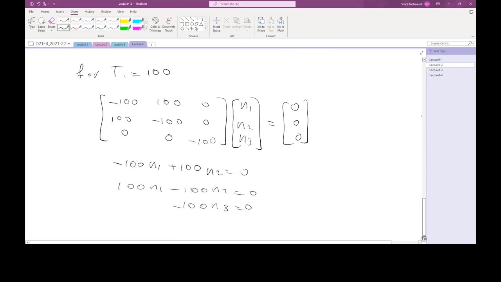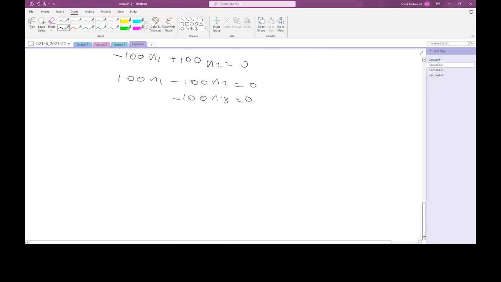I'm going to start from the easiest equation, minus 100 n3 is equal to 0. This is only possible when n3 itself is equal to 0.